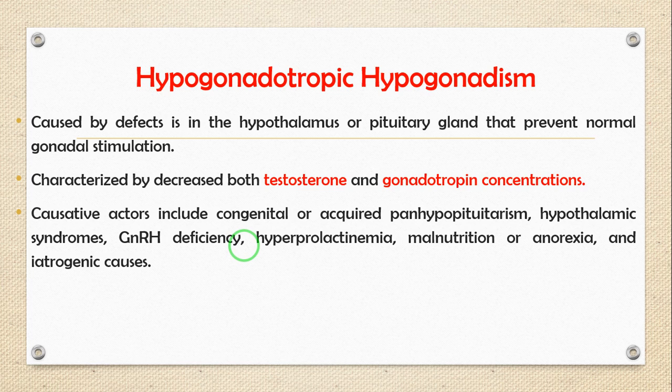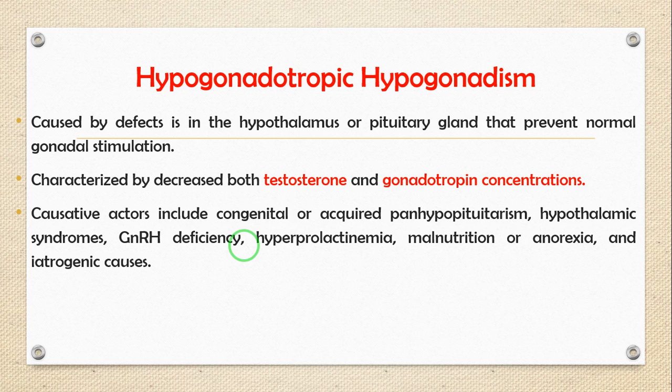Spermatogenesis also will be impaired because there is a decrease in FSH and LH, or sometimes the defect is even in the hypothalamus. Any disease that affects the production of gonadotropin releasing hormone, which is the first stimulus, will also lead to hypogonadotropic hypogonadism.